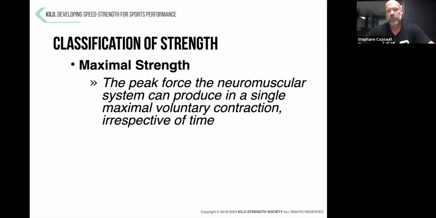A good example of maximal strength would be a powerlifter with their 1 RM, where they have all the time in the world to exert that force to lift their 1 rep max, but it's voluntary. So maximal strength is a good expression of your concentric, eccentric, and isometric strength, but understand that it will always be less than your limit strength.